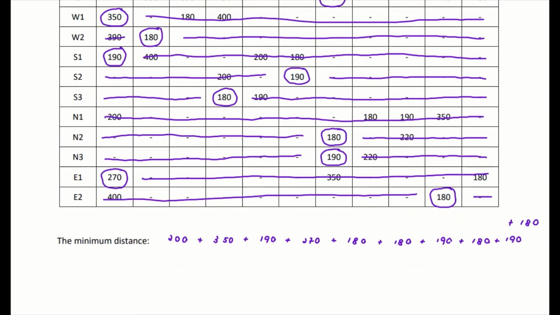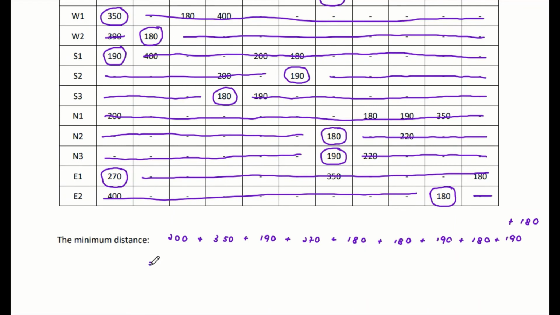Alright, if you want to practice your manual calculation, you can just note the last digit is 0. So 20, 35, so 55. So 55 plus 19 is 74.